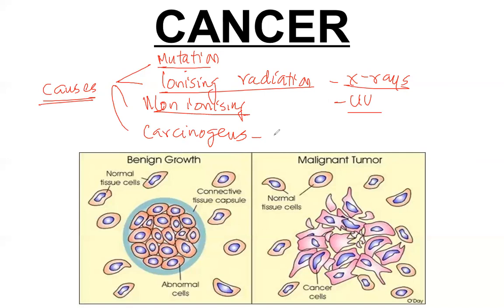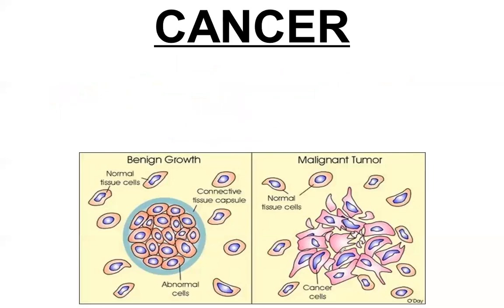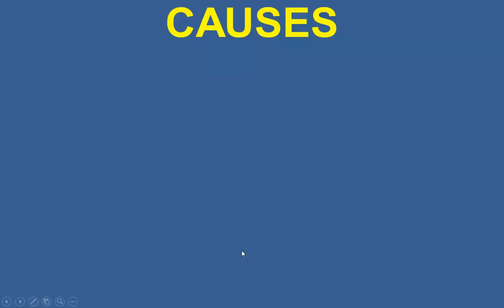Where do you find carcinogens? In tobacco smoke, tar. In tobacco smoke, you can find the presence of carcinogens. These reasons you have to memorize. Causes we did.